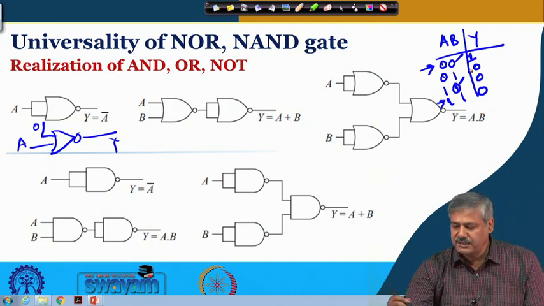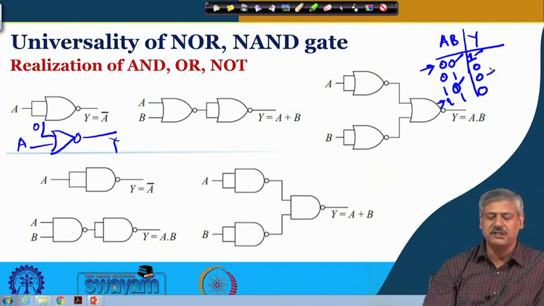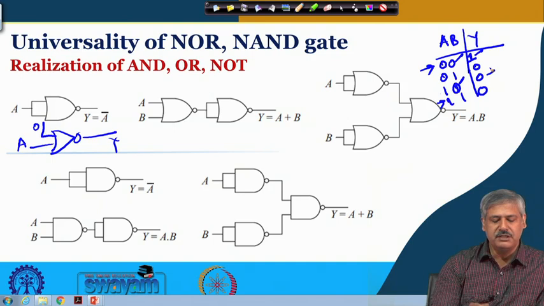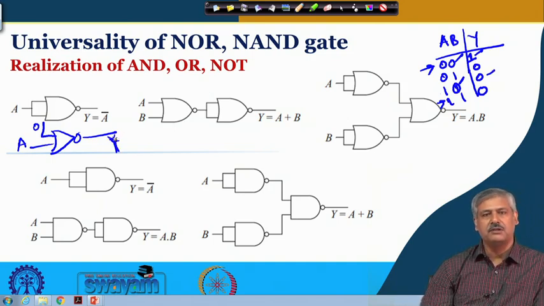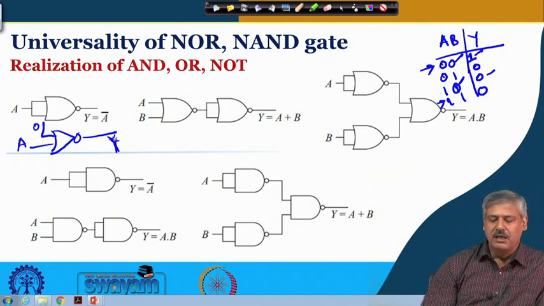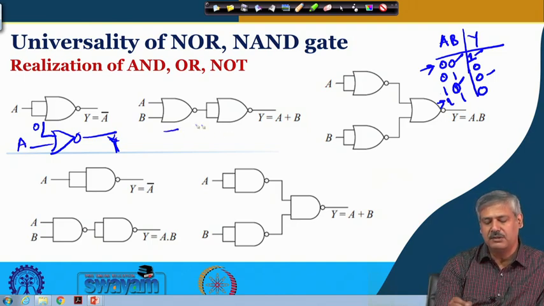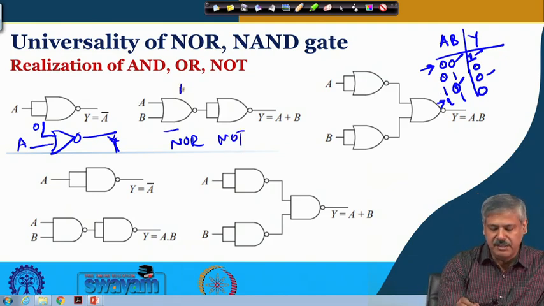If A is 0, the output is 1, and if A is 1, the output is 0. So that also gives you inversion. Those are the two ways you can get a NOT operation from a two-input NOR gate. And how can you get the OR operation? A NOR followed by a NOT gives you the OR operation, just the inversion of A plus B bar.